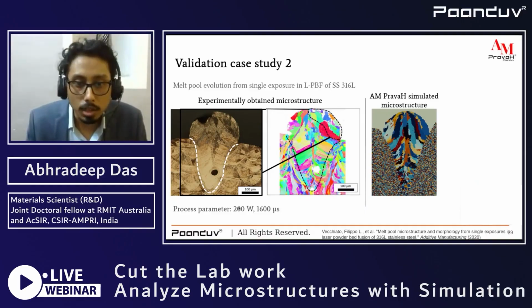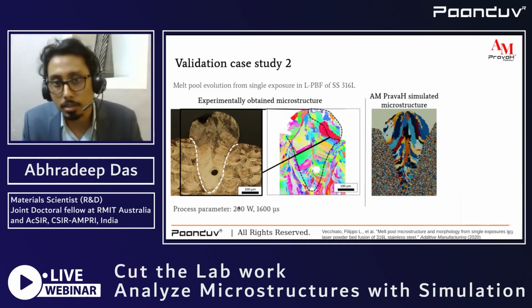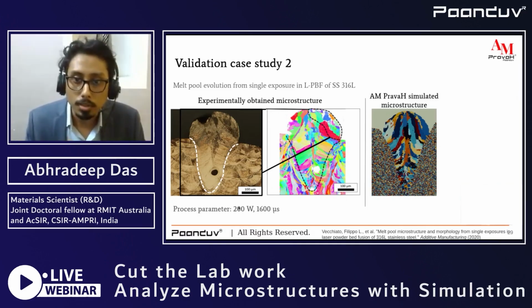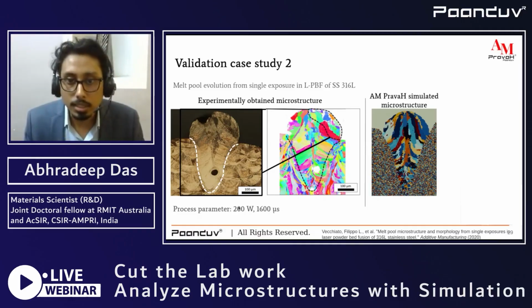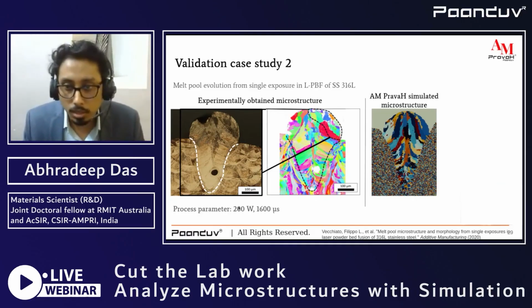Herein we have a certain microstructure that is developed for a single exposure, single spot in a laser powder bed fusion process. We can see here the EBSD data shows some non-indexed points, and therefore there are certain areas which are not covered quite properly.